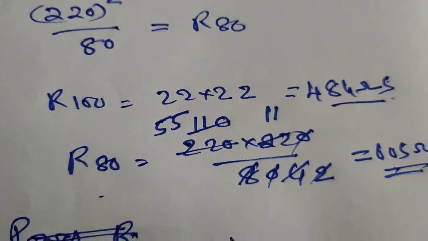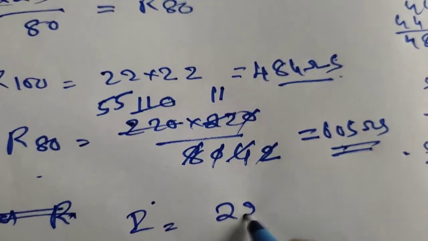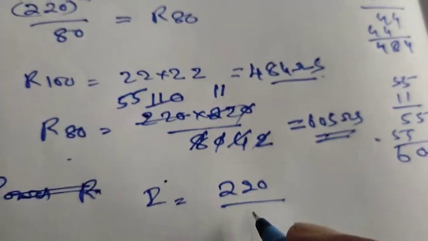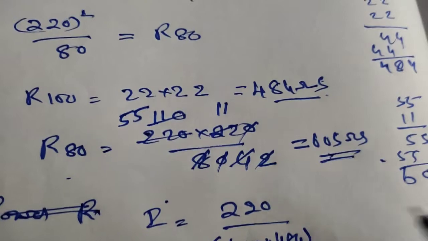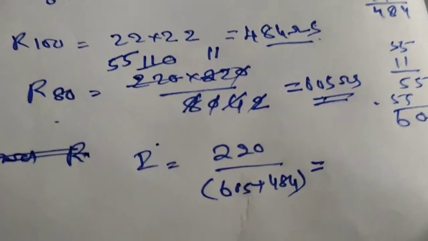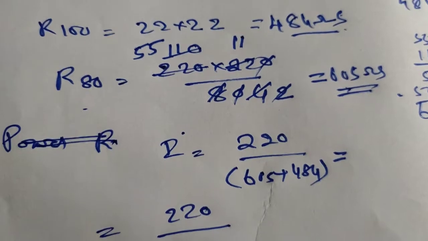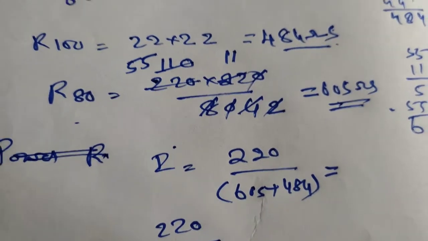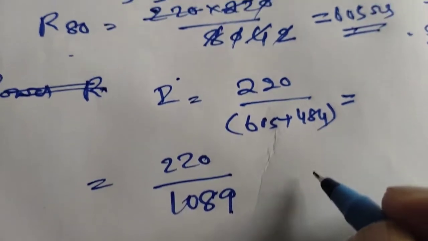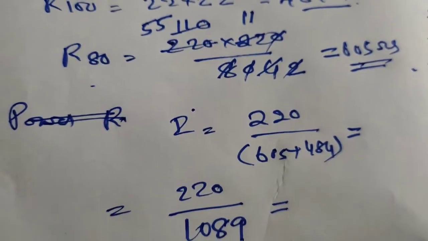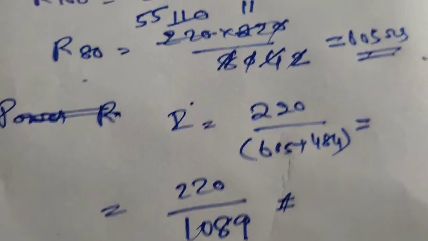The current is equal to 220 volt divided by 605 plus 484, that is 220 by 1089. So this is the current in the circuit.